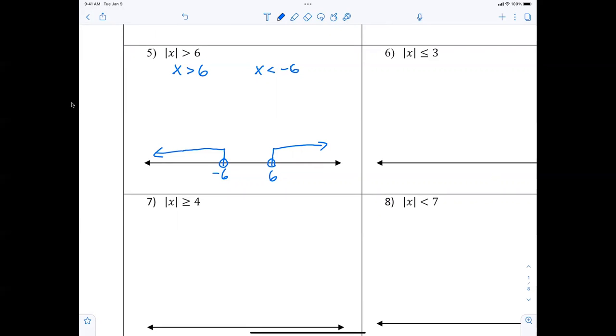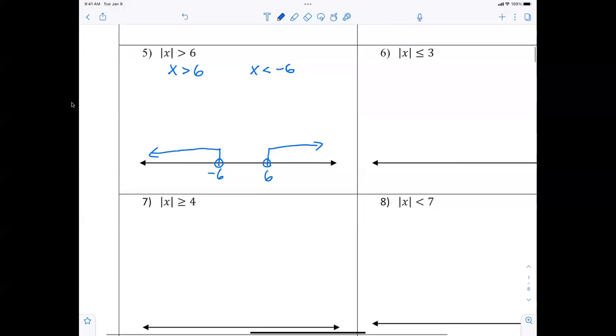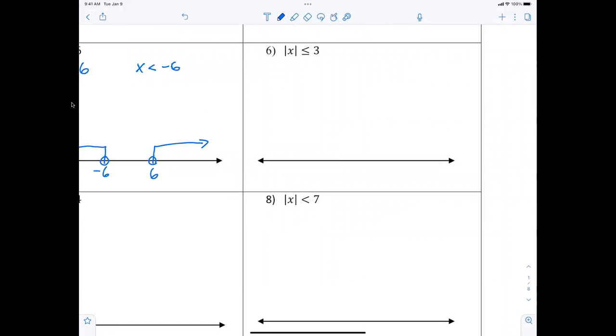All right, take a minute to see if you can do number 6. So if I am less than or equal to 3, solid dot going to the left.